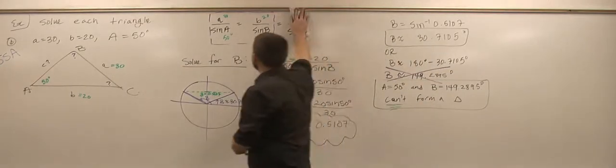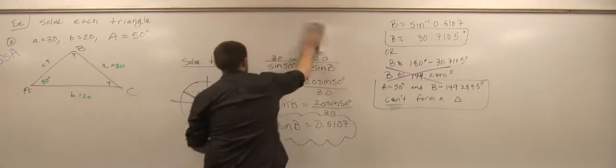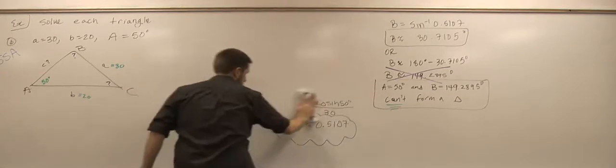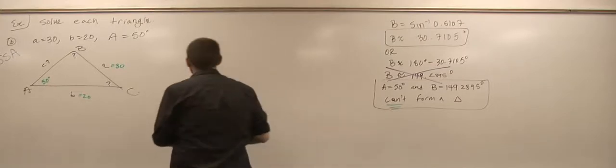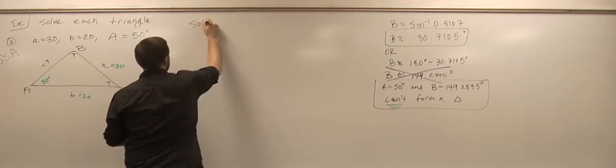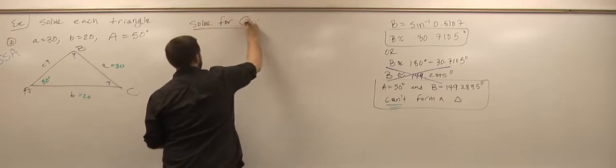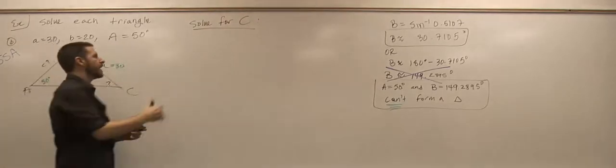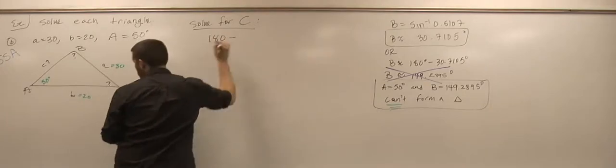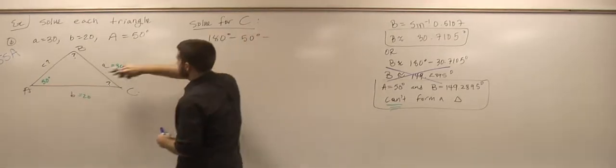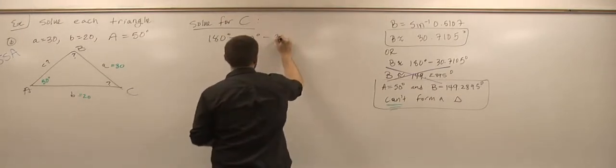So to solve for big C, the angle C, you would take 180 minus 50 minus 30.7105.